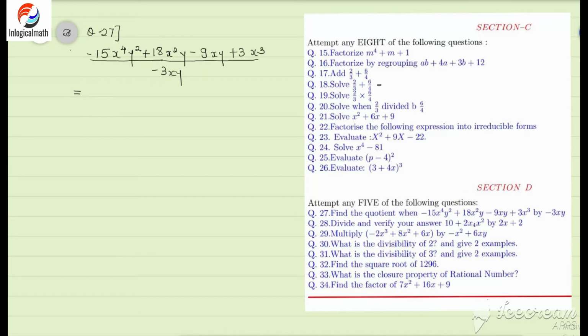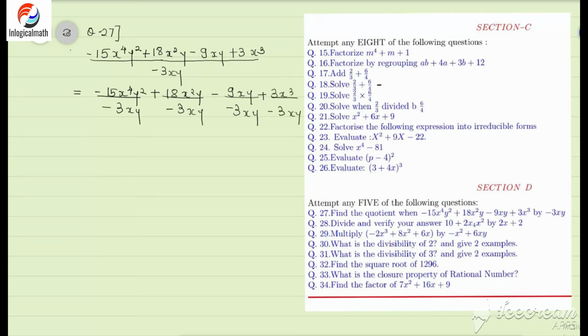Apply this monomial to each and every term in the numerator. So minus 15 x raised to 4 y square upon minus 3xy, plus 18 x square y upon minus 3xy, minus 9xy upon minus 3xy, plus 3x cube upon minus 3xy.